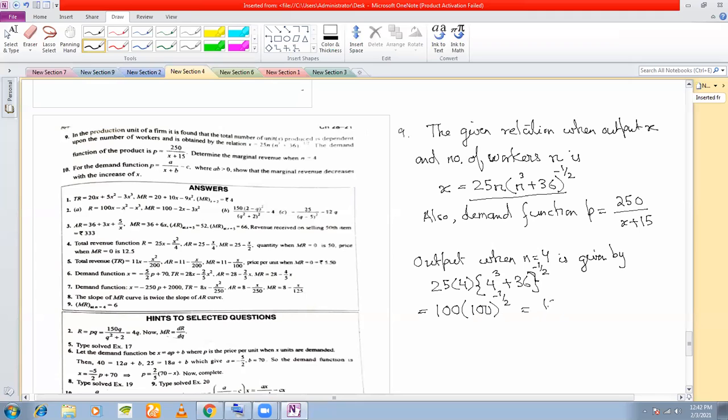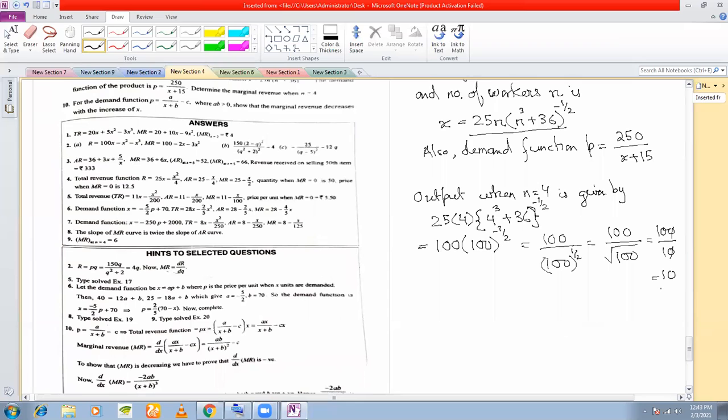Now 100 to the power of minus half means 100 to the power of half taken in the denominator, which is equal to 100 divided by the square root of 100, which is 100 by 10, which is 10. So what is the output here? When number of people working are 4, 10 units, right?